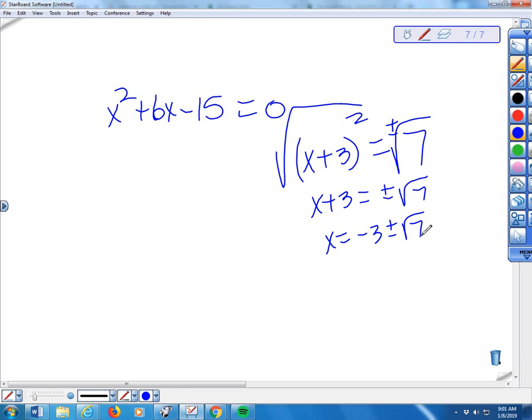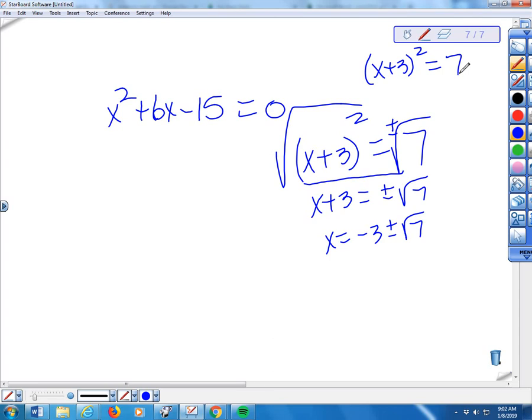So if I could get it into this form, it's not going to be that exact number all the time, but if I can get it into that form, I can solve it. So the whole purpose of completing the square is, number one, it's not factorable. And number two, it's going to give me an equation like the one on the top right that will allow me to solve it.